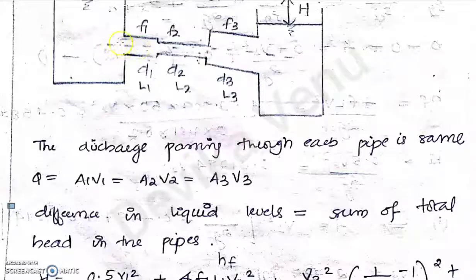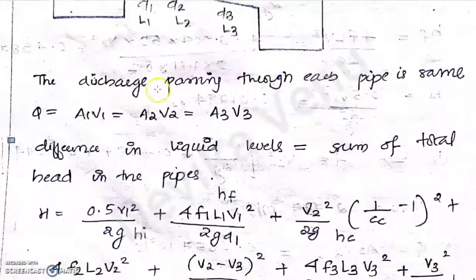After entering the pipeline there is a major head loss, which is the loss due to friction. That will be 4 F1 L1 V1 square by 2g D1. So this is the head loss due to friction in pipe 1, a major loss.